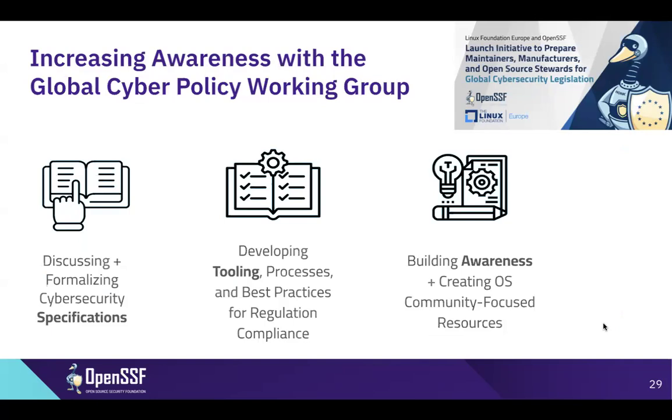We, as OpenSSF, held a workshop last December where we started to really dig into the meat of the CRA, both from the perspective of the manufacturer and from the perspective of open source stewards. And from that, we identified three key areas of greatest community need, and also areas where we felt we could make a big impact.